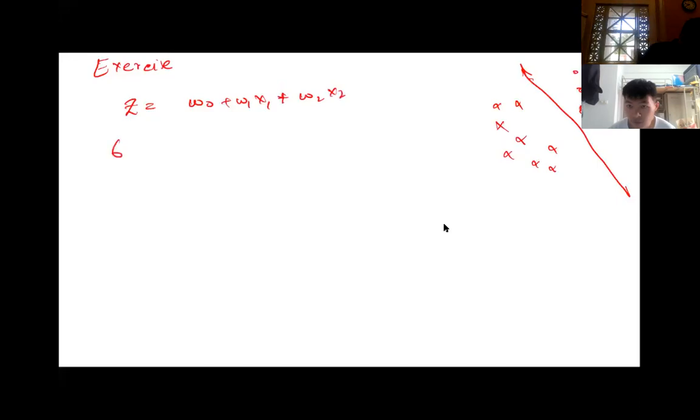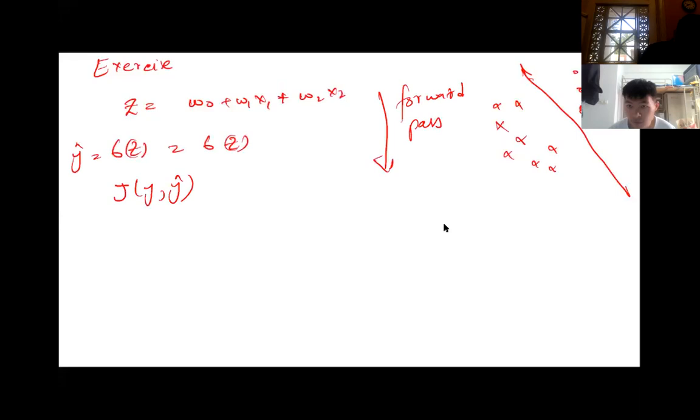Then you pass it through your sigmoid, so you get sigmoid of z. Then you pass it through your cost function, your loss function, J of y and y hat. This is called a forward pass. It's a neural networks term, but let's call it forward pass.